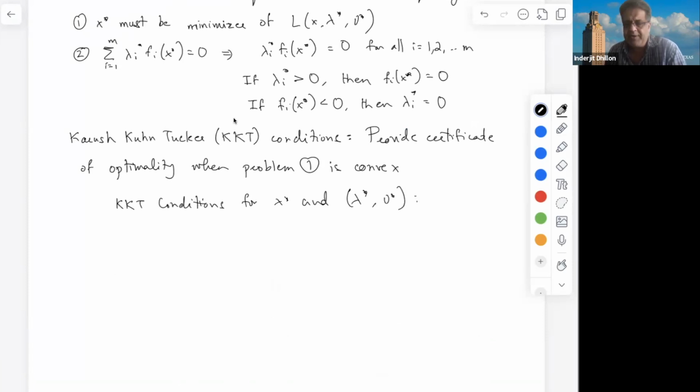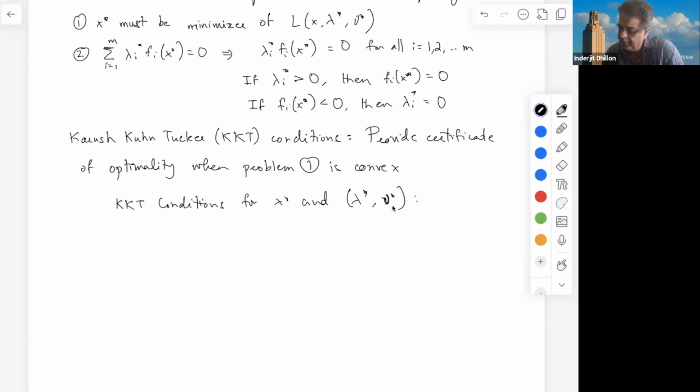If somebody presents x star, lambda star, nu star as candidates for optimal solutions, x star primal optimal and lambda star, nu star dual optimal, the first thing is that they should satisfy feasibility.